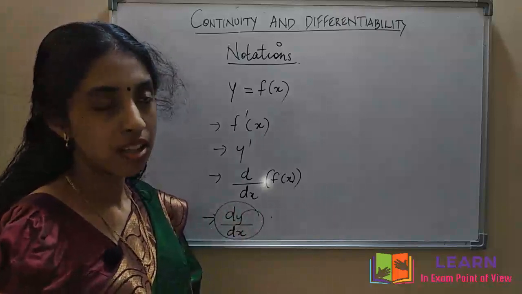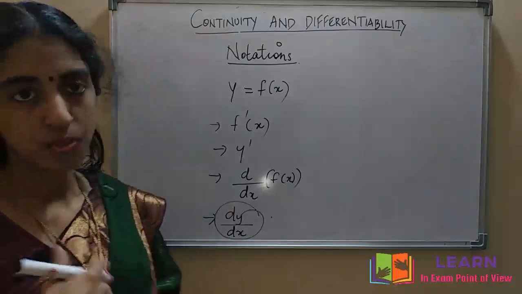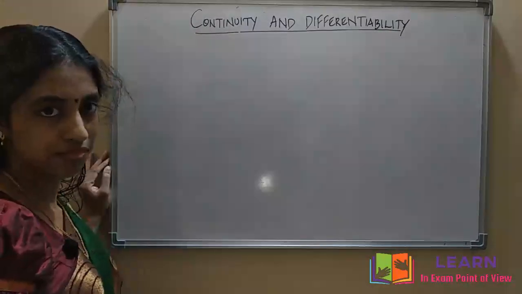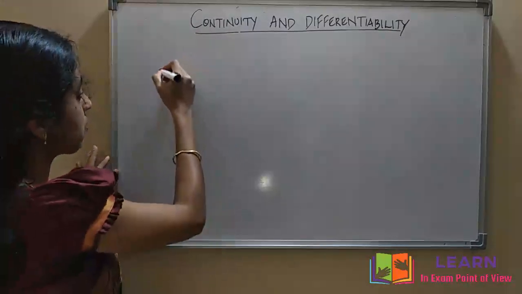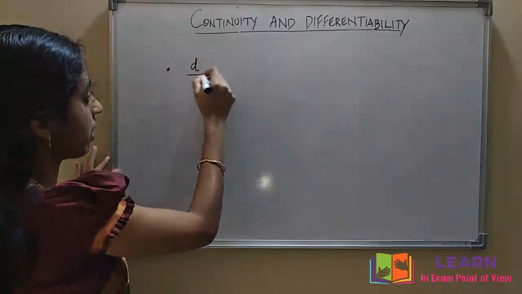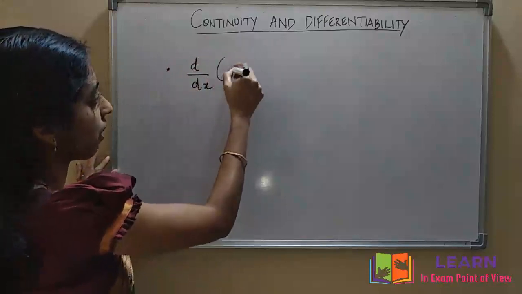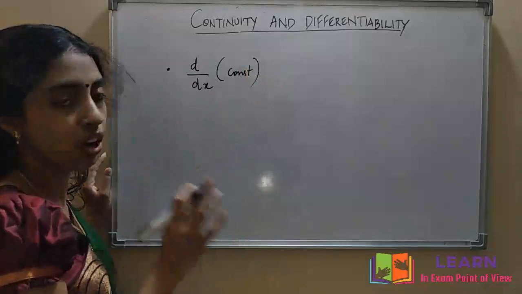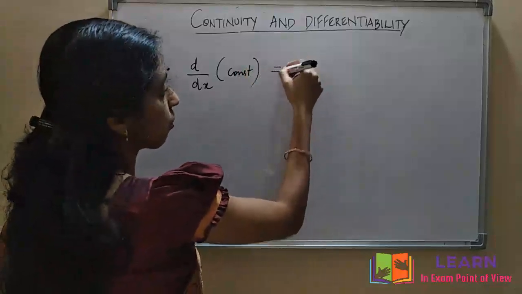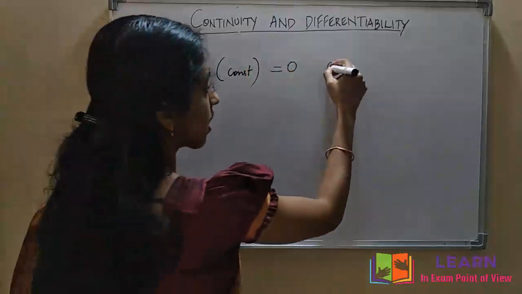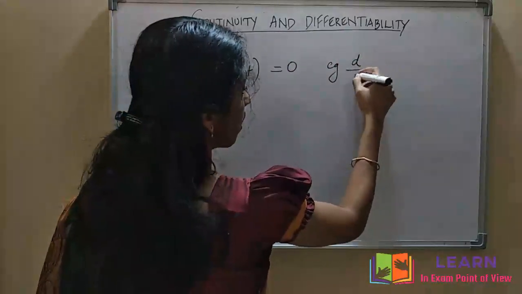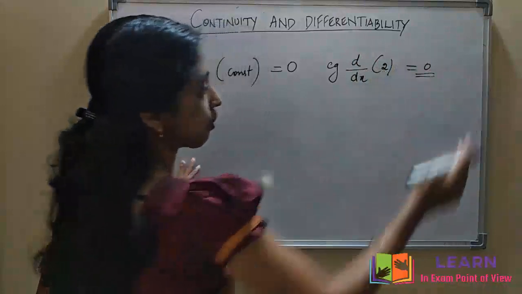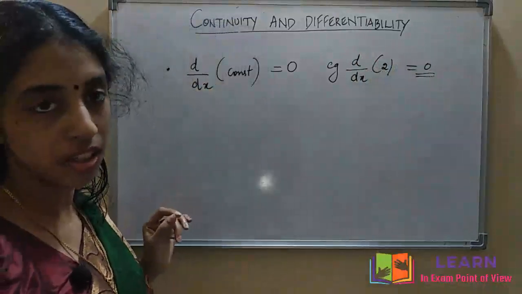So some formulas first we can study so that we can enter into differentiation. Students, first we check the derivative of a constant value. d by dx of a constant value is always 0. Here is an example: d by dx of 2 is actually 0.